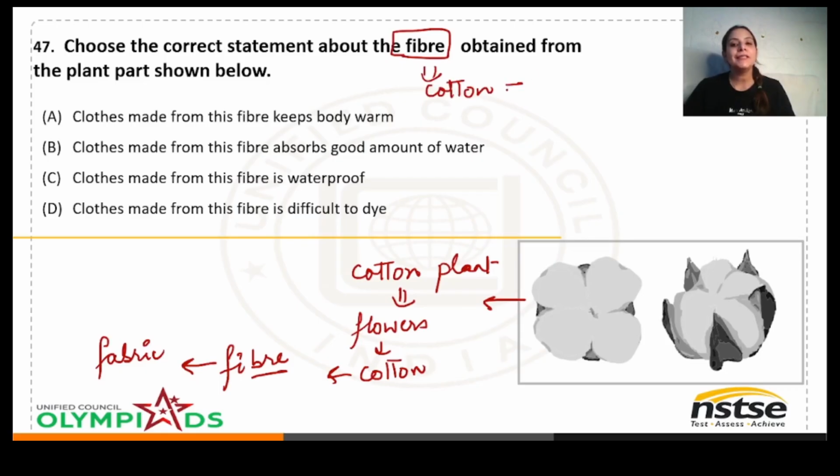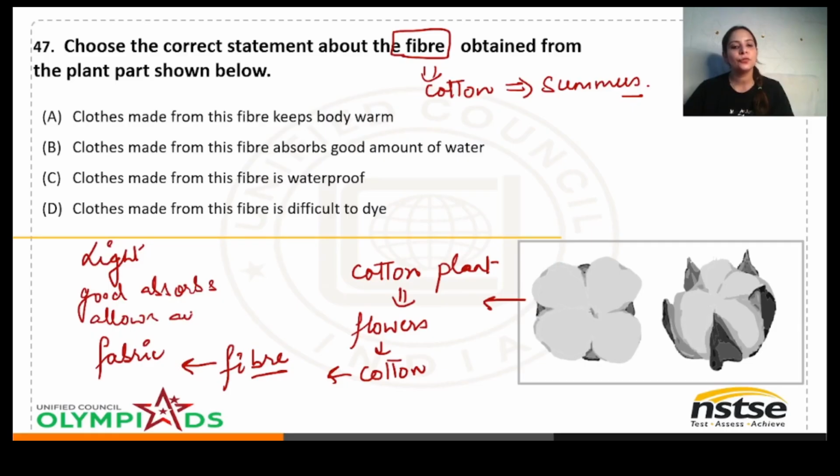Cotton is advisable to use during summers. The reason is that cotton is a light fabric, and it absorbs water. It is a good absorbent. It absorbs our sweat, and also it allows air to pass through, so it allows our sweat to evaporate.